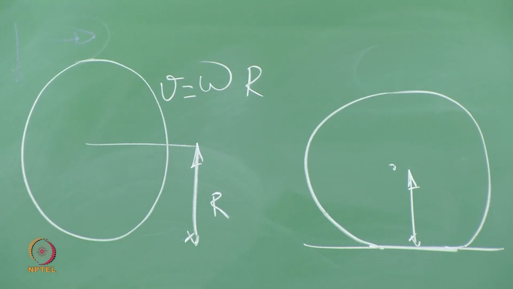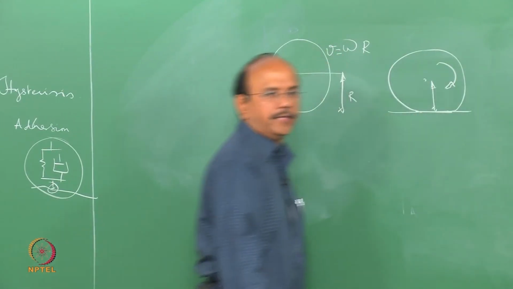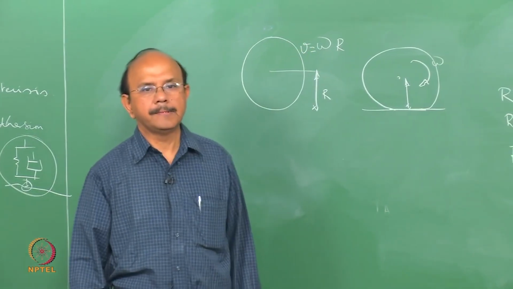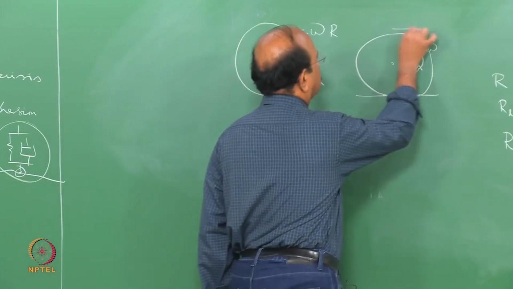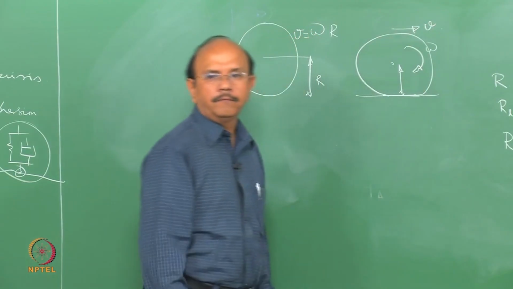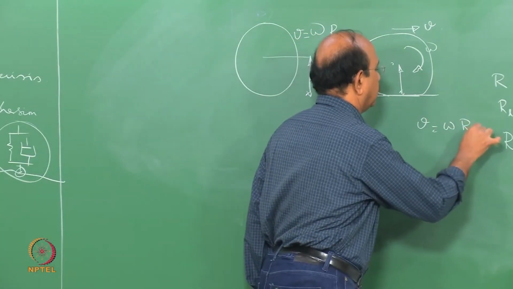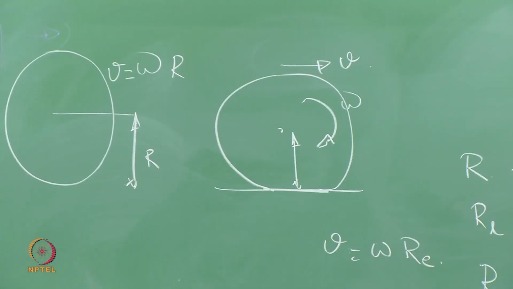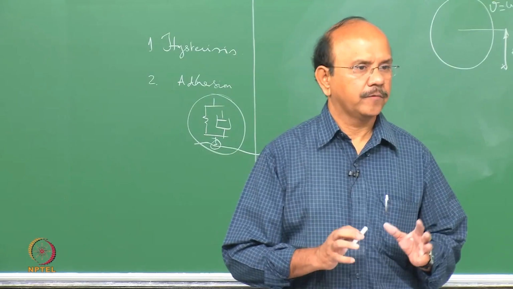So, in other words, as the wheel rotates with an angular velocity omega, and the wheel travels with a longitudinal velocity v, then v is given by omega into re. So re is defined with the same formula that you are all familiar with from fundamental dynamics. Right.